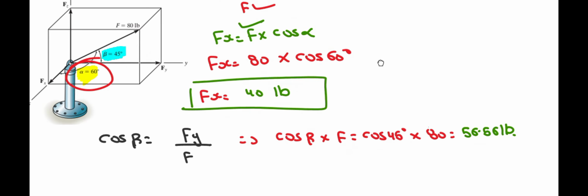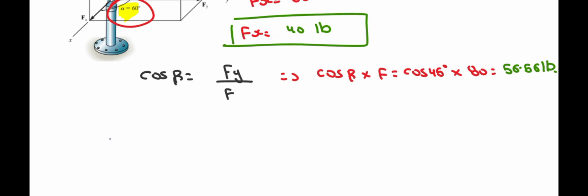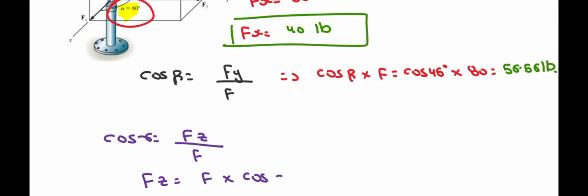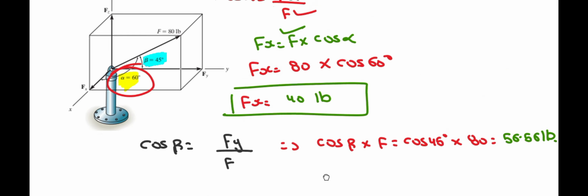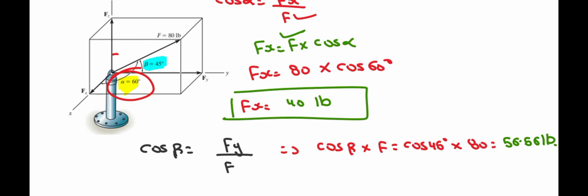Now what about Fz? For Fz, we have the formula cos gamma equals Fz upon F, so Fz equals F into cos gamma. We know the value of F, but we don't know the value of gamma, which is the angle between the force F and the z-axis.